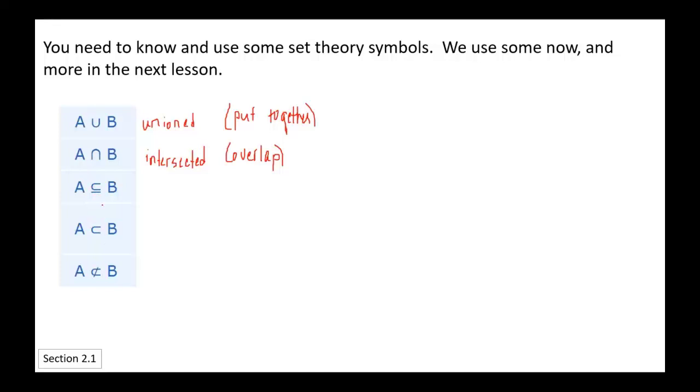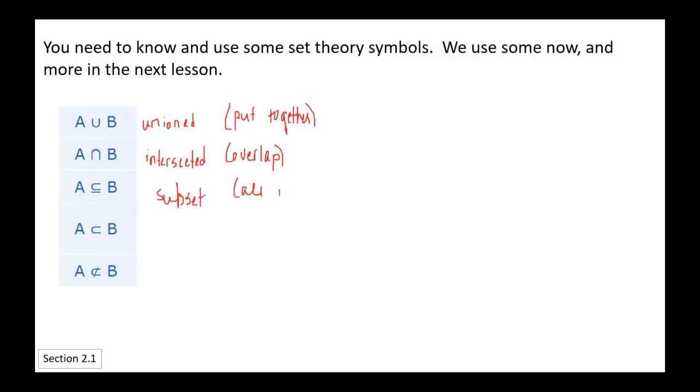These two are very similar. They both have to do with subsets. It's kind of like the less than symbol that you've used in math that was pointed. If it were a less than symbol, this one would have said A is less than or equal to. And it is very similar to that idea. A is a subset of B, but it could be the same as B. That means all of A is in B. So this one is a subset, okay?